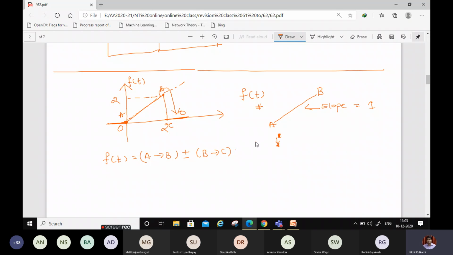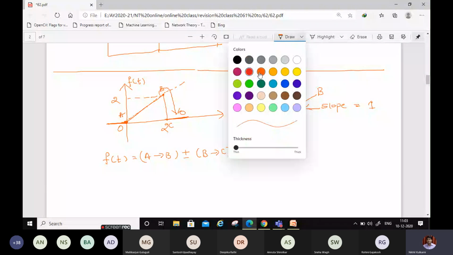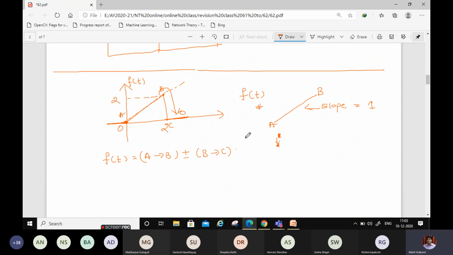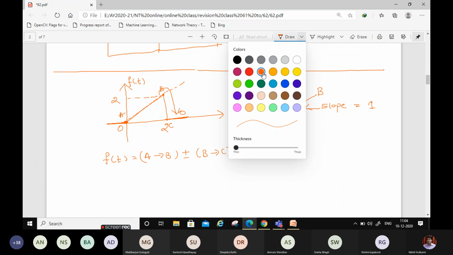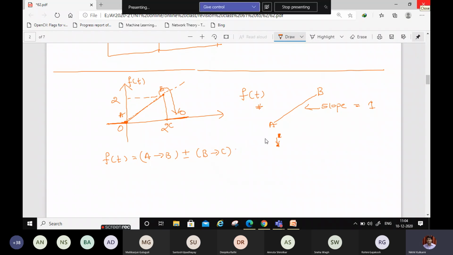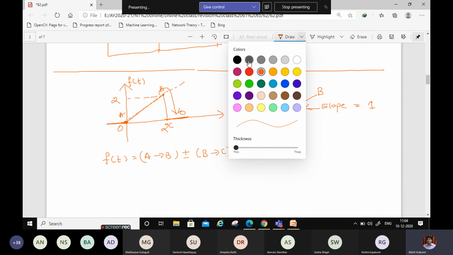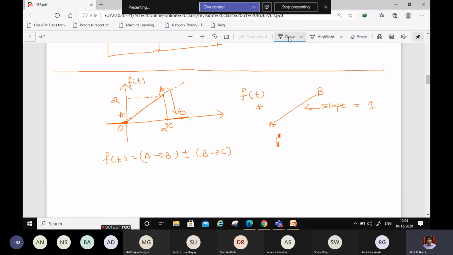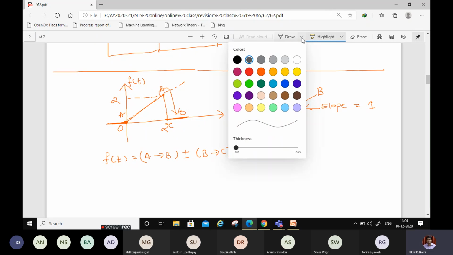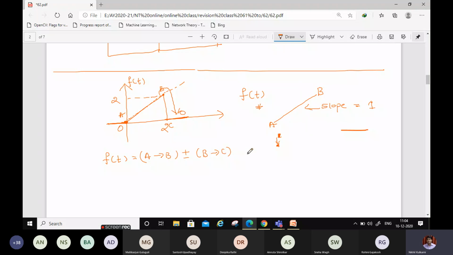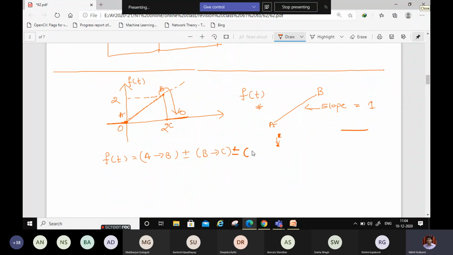Then plus or minus after C. Like that, you need to solve here. Then plus or minus C onwards.